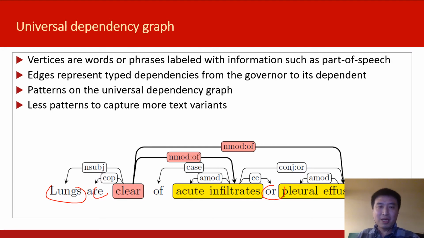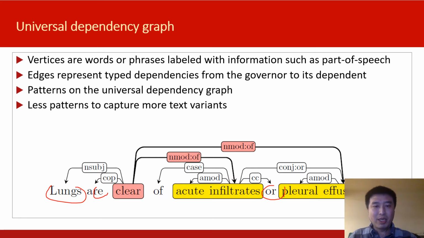From this example, we can also see the motivation of using a dependency graph rather than the surface text to do the distinguishing. By using the syntactic or semantic information, we can use fewer patterns to capture more text variations that cannot be handled by using only the text surface with regular expressions.